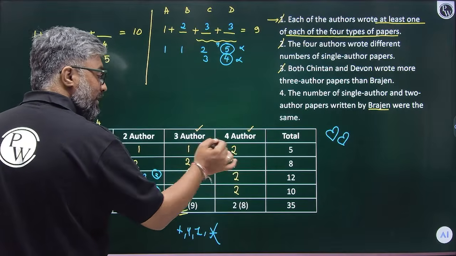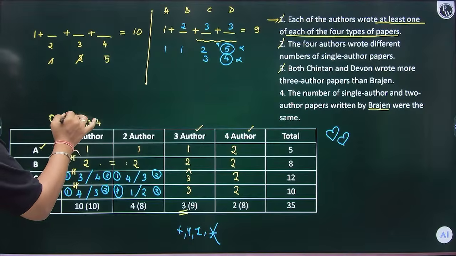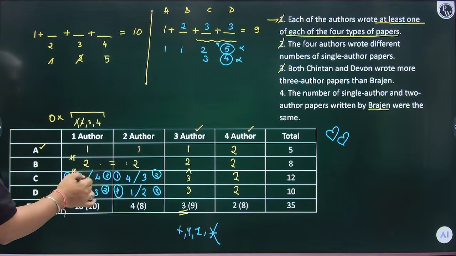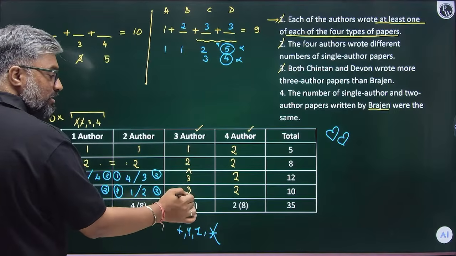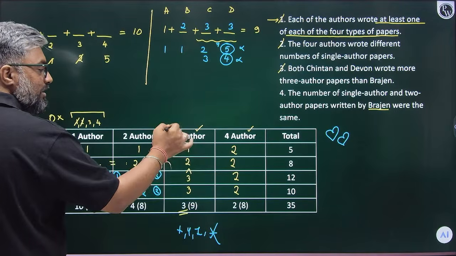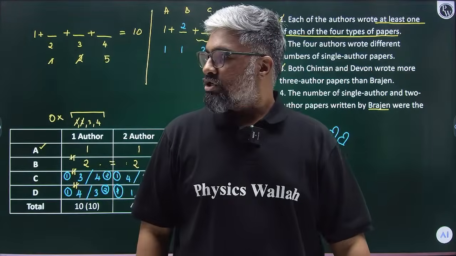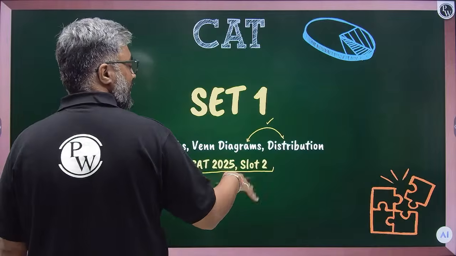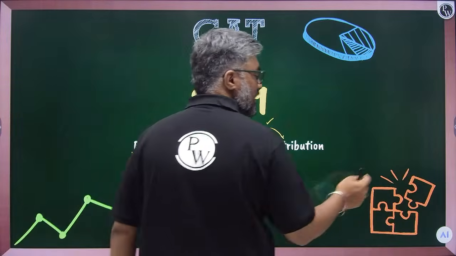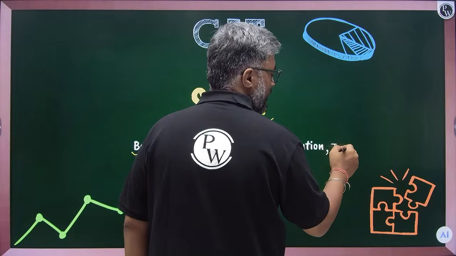After that, knowing that these values will be 1 is also very important. Beyond that, knowing that this would be 1, 2, 3, 4 only was very important. Same way here, when we jumped here that these two should be greater than this, trial and error was important. So along with bar graphs, Venn diagrams and distribution, what was the other important thing here? Trial and error.